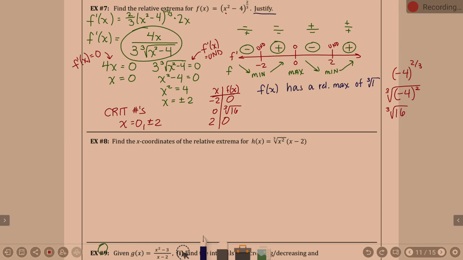That can be expressed in other forms too. And that is at x equals 0, because f prime of x changes from, what do we do for a max? We change from positive to negative.